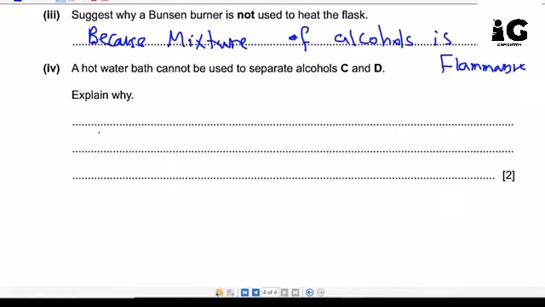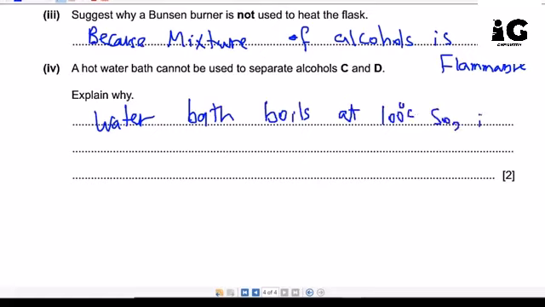This is because we can say the water bath boils at 100 degrees Celsius, so it cannot exceed.